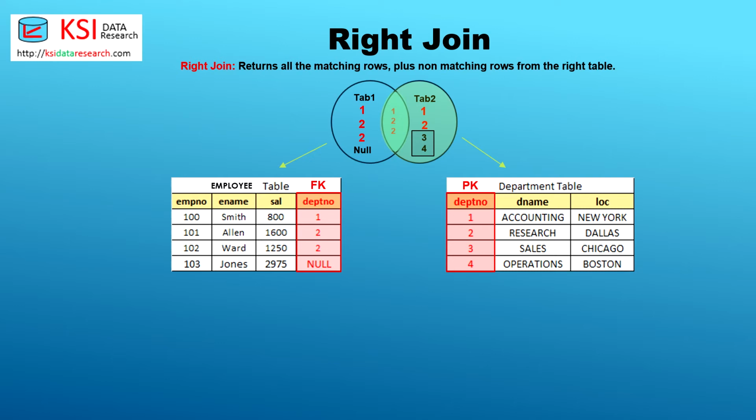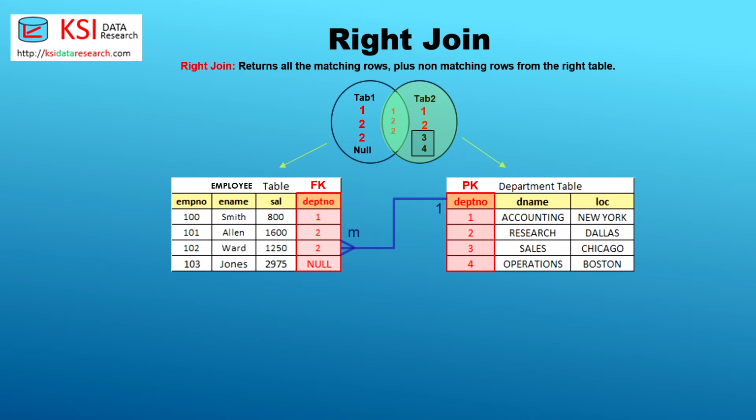The primary key department number from the department table and the foreign key department number from the employee table can be combined using cardinality, a one to many relationship. One comes from the primary key department table side, many comes from the foreign key employee table side.